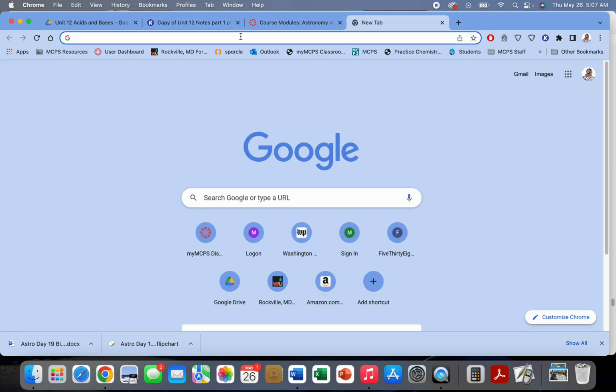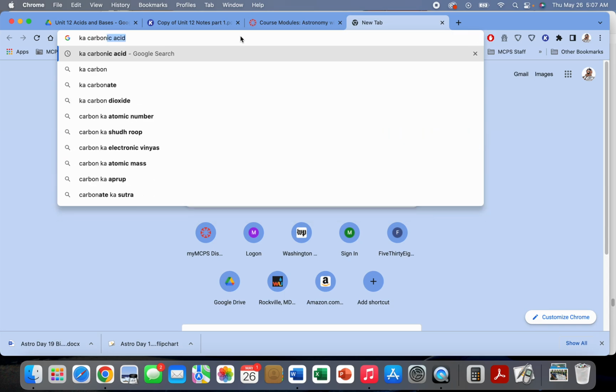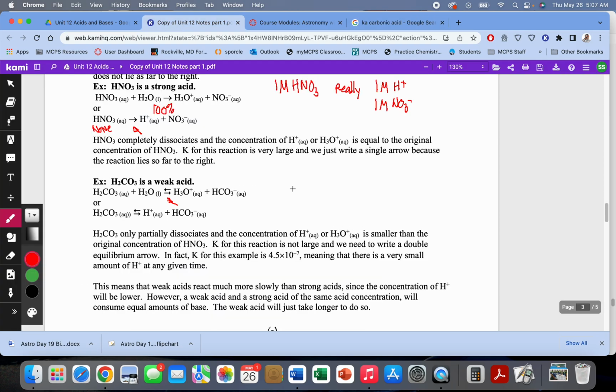We'll just type Ka carbonic acid, because I would like to actually know the number. And the first Ka value is 4.5 times 10 to the negative 7th. Okay, so let's go back to that. So K is 4.5 times 10 to the negative 7th for the first H that comes off of carbonic acid. That's a really small number.